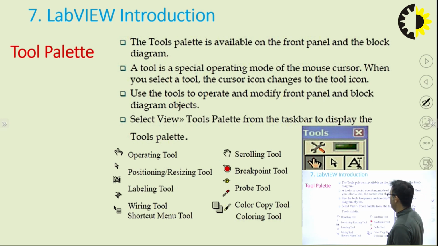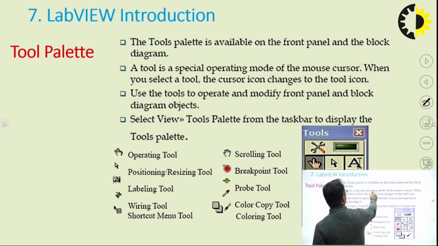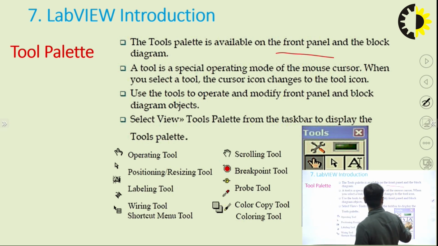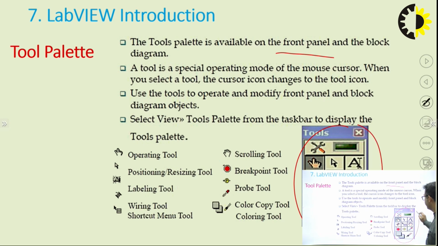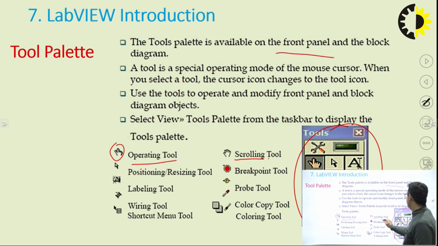Beside this front panel, we are having some tool palette. This tool palette is available on the front panel, which looks like this. This hand indicates the operating tool, this indicates the scrolling tool, this red point indicates breakpoint.